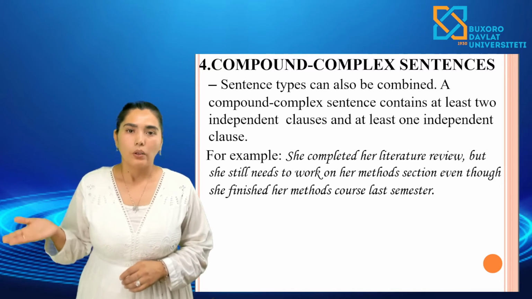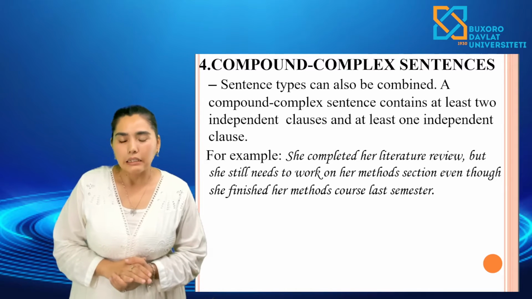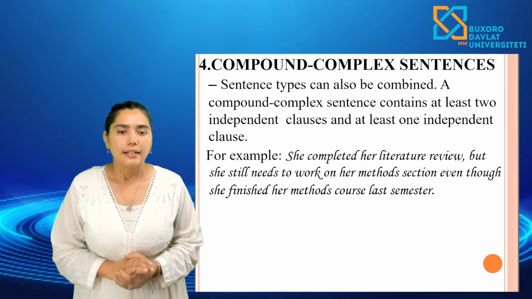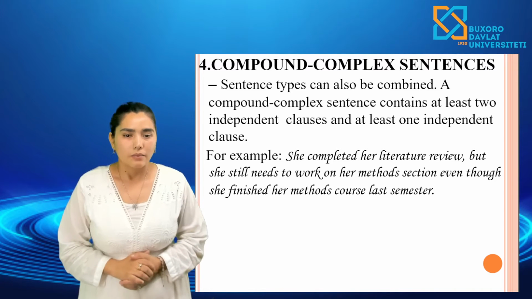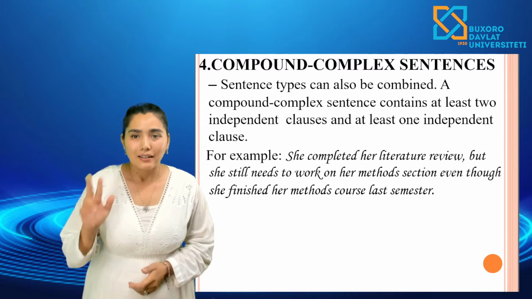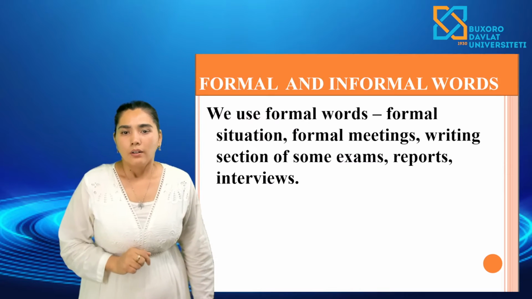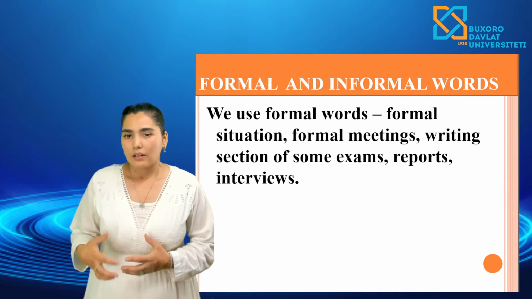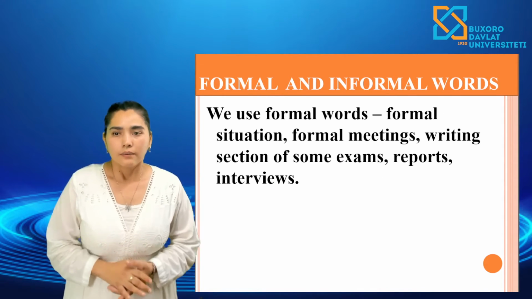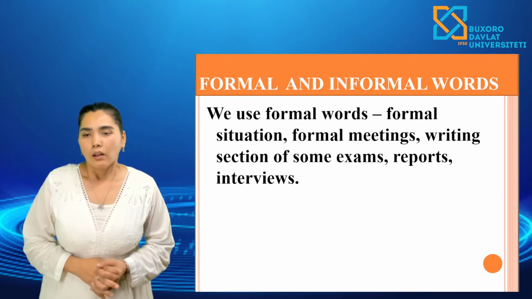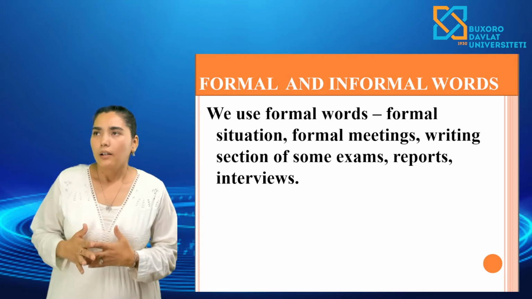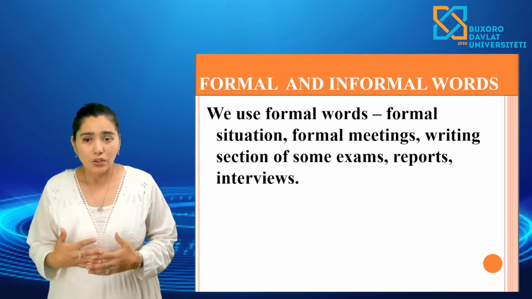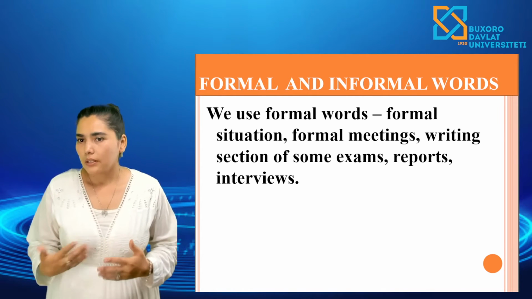She completed her literature review, but she still needs to work on her methods section. Even so, she finished her methods course last semester. Here you see at least 3 clauses, combined with commas, conjunctions, or linking words. Later we'll see other punctuation, connecting words, linking words, and so on.